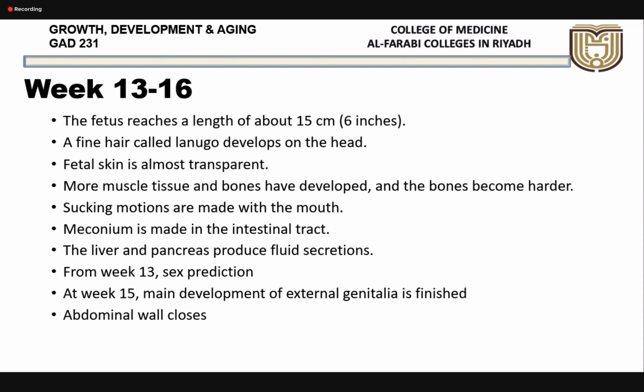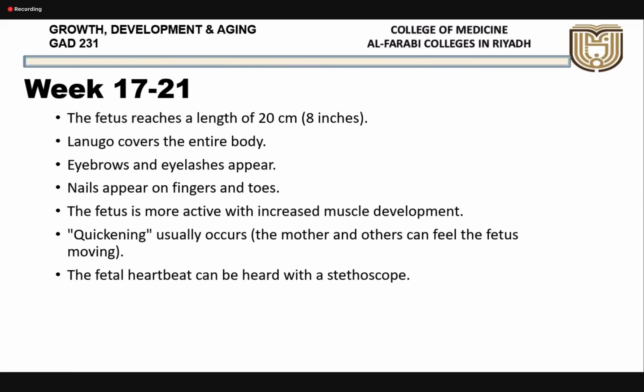If the abdomen doesn't close, some fetuses are born with the abdominal wall open and the intestine out. Once you understand the basic normal, then we will talk about the pathological changes.